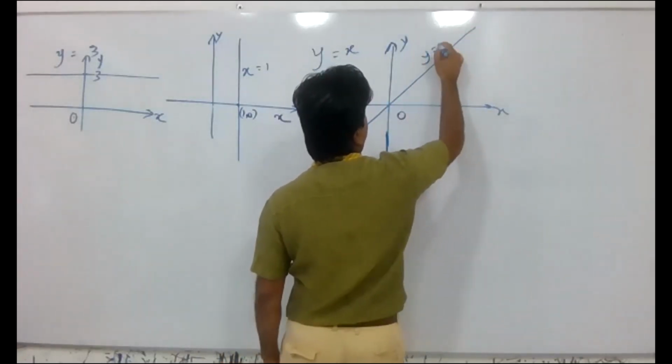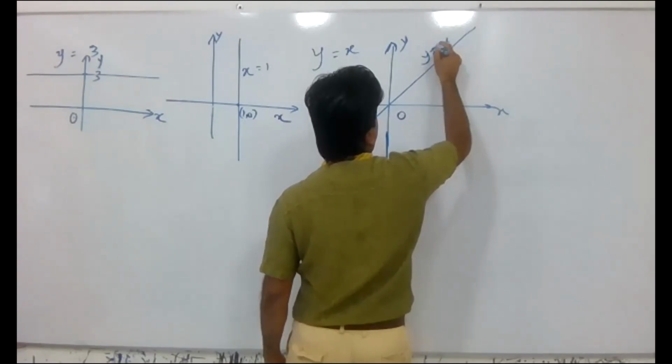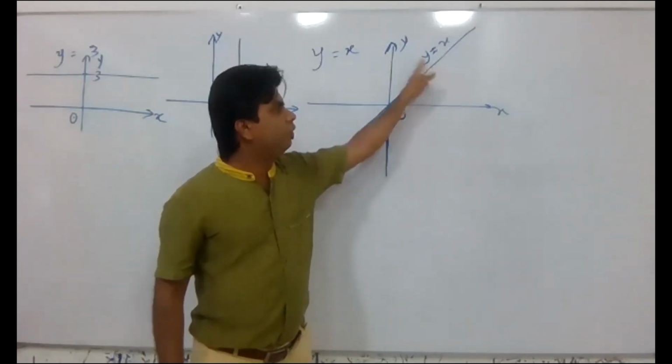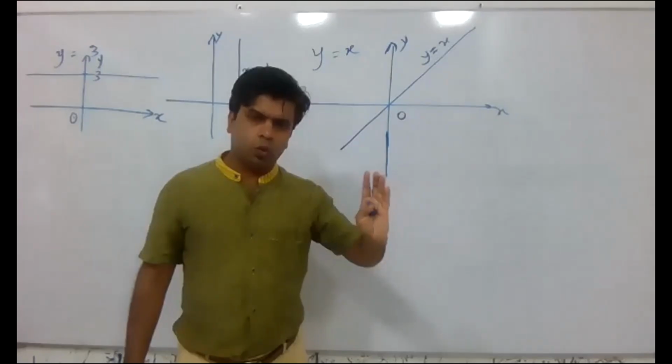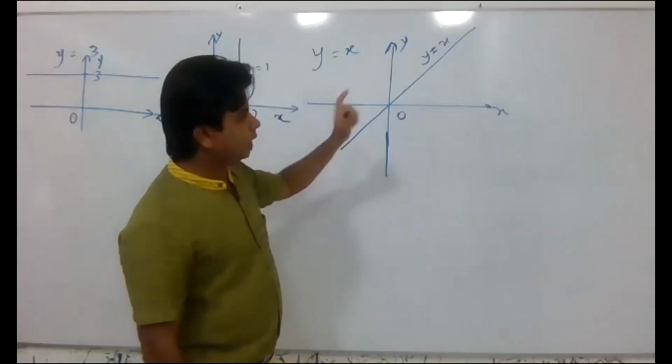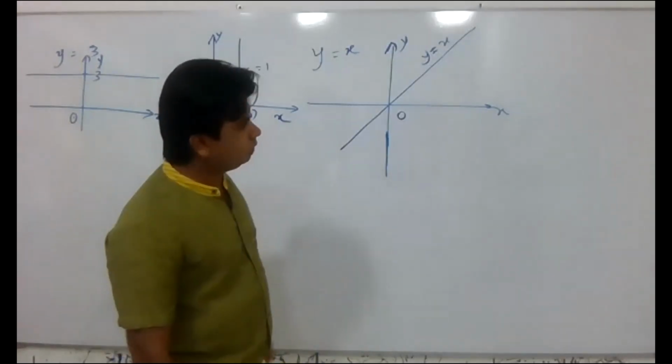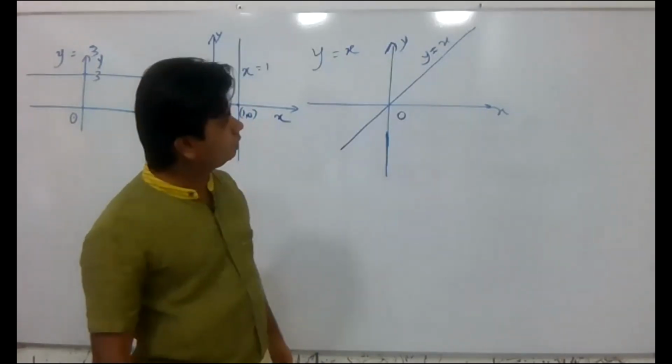Y equals x, like this, right? Now, is this a function? Yes. For one x value, we have one y value. It's a one-to-one relation, right? So what is the gradient, Indura? 1. Clear, right?